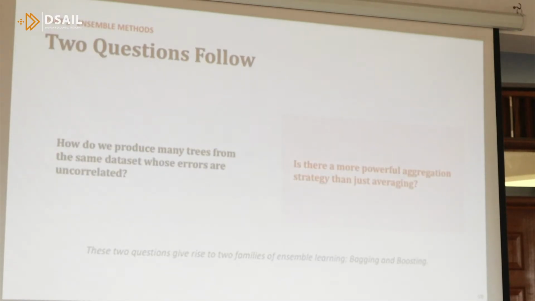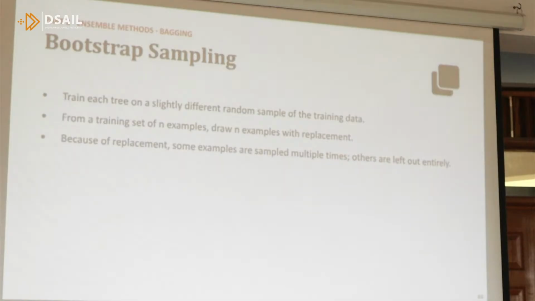And so there are two questions that follow. How do we produce trees from the same data set whose errors or whose residuals are uncorrelated? And then the other question is, is there a more powerful aggregation strategy than averaging? And the first case is called bootstrap sampling. So what is bootstrap sampling?